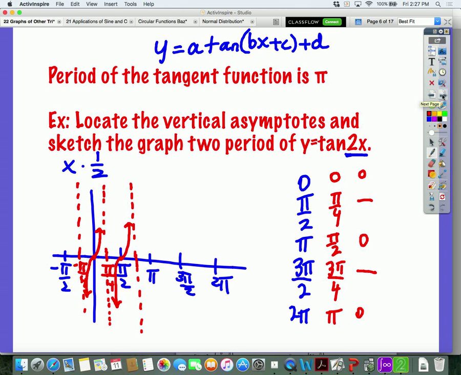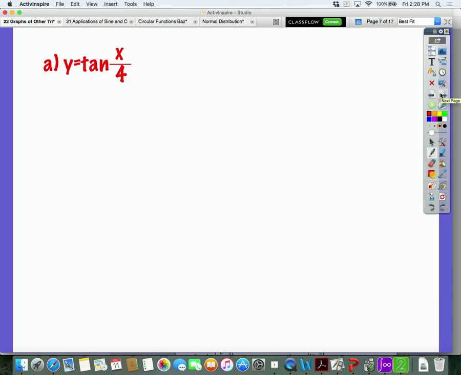Looking at this one, what's going to happen? It's going to be wider. So that means all of my x's are going to get multiplied by what number? 4.